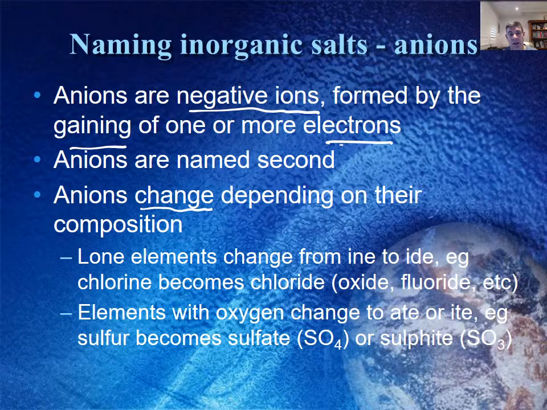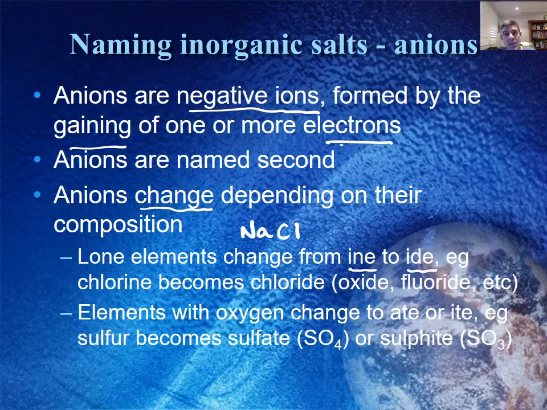If it's a single element, a lone element, then we change the ending from an -ine to an -ide. That's common for things like fluorine, chlorine, iodine. They become chlorides, fluorides, iodides, bromides, those sorts of things. So sodium with chlorine becomes sodium chloride.